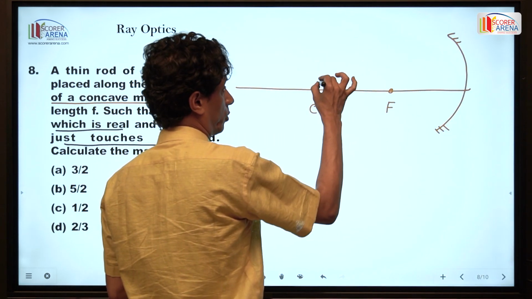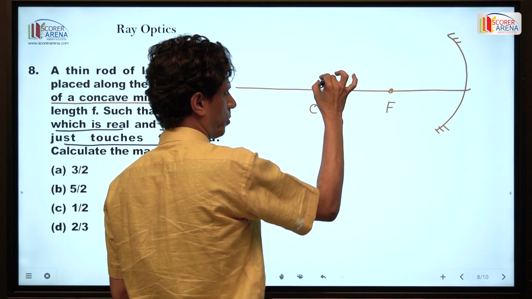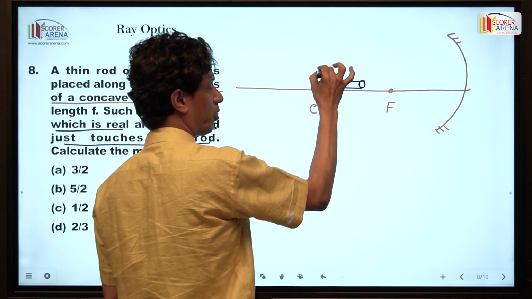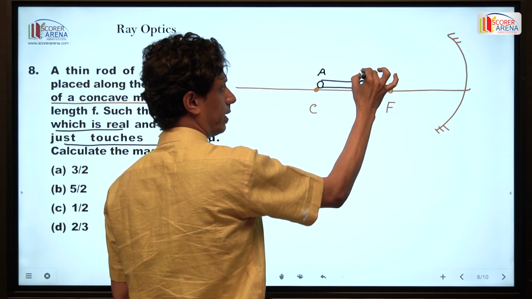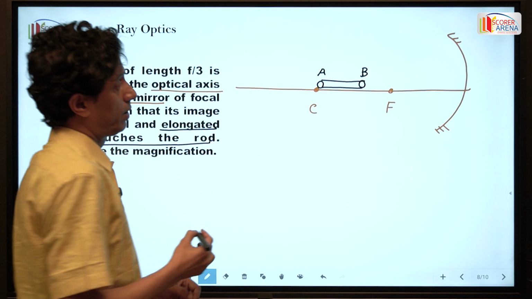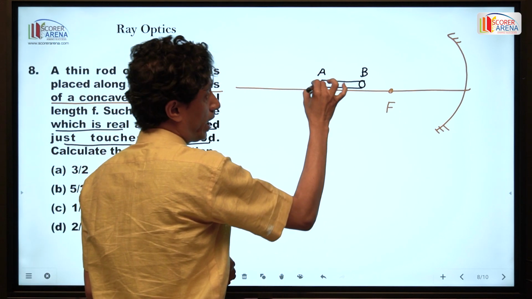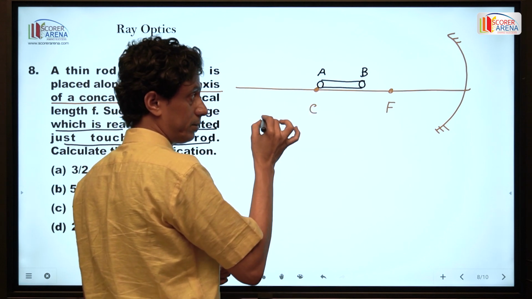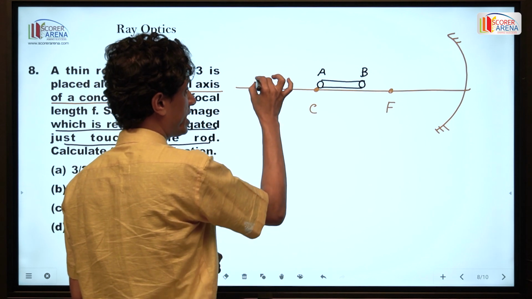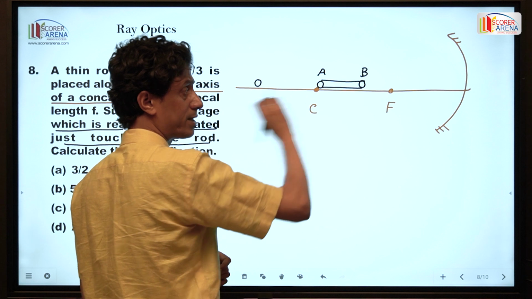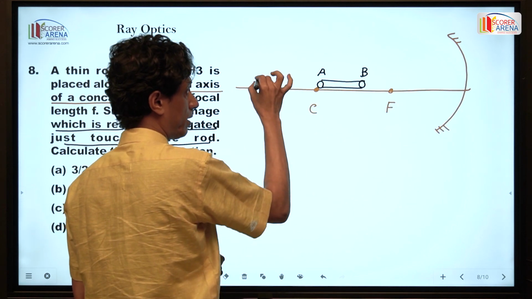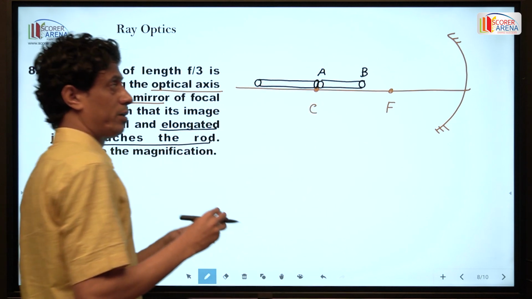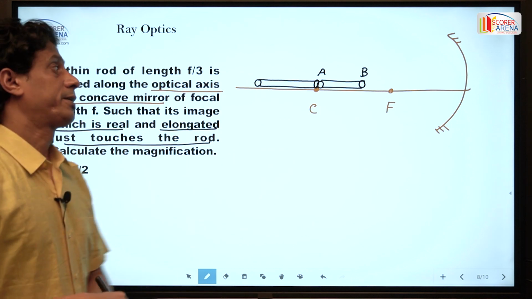So certainly one end of the rod AB touches the point, the center of curvature C. Because the image formed of the rod lying along the principal axis, one end of the image touches the one end of the object.